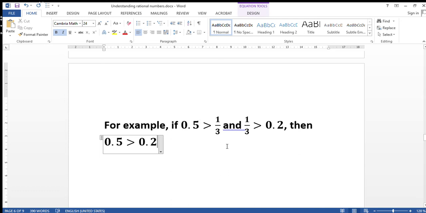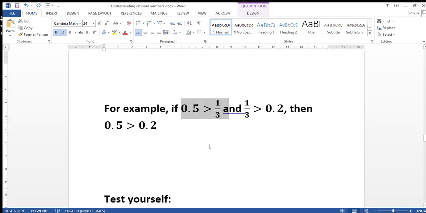The answer we get is 0.3. So we have 0.5 is greater than 0.3, and 0.3 is greater than 0.2. So the statement is correct.